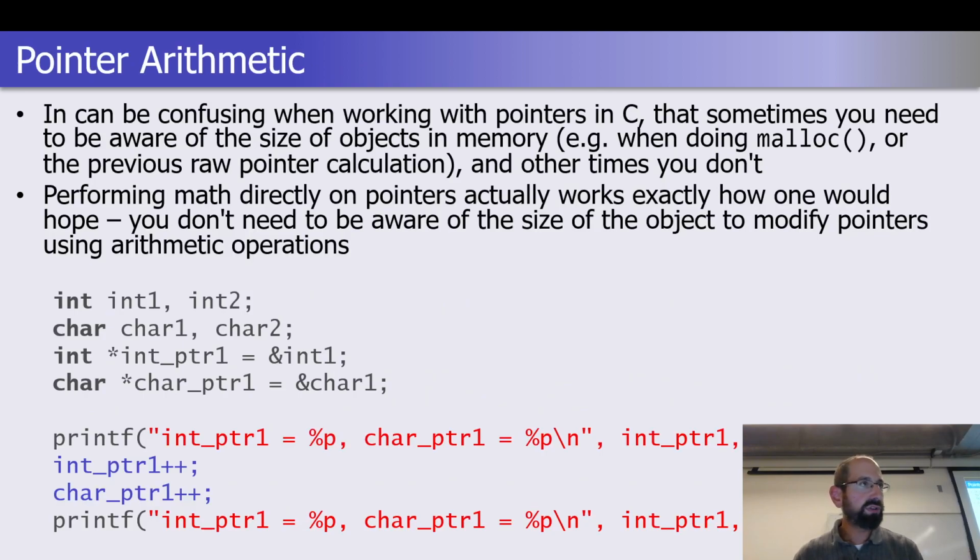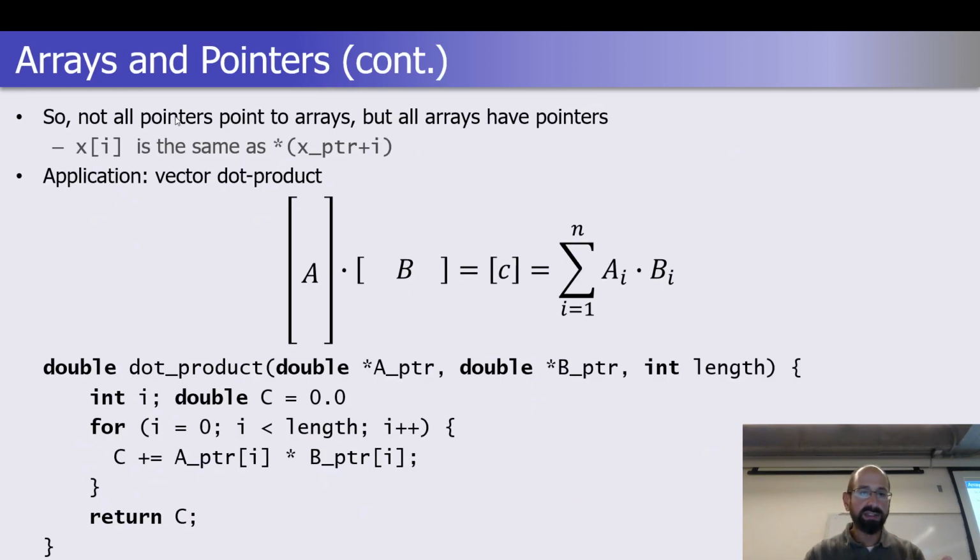It can also be confusing when you have to do some sort of arithmetic in working with your pointers in C, because you sometimes need to be aware of the size of objects in memory in a way that the array syntax does not require you to. So when you have your array syntax, the code, if I go back to it here, is doing exactly what you hope it would. I want x of i. Well, the compiler is smart enough to recognize, well, x is of this data type that is of a certain size.